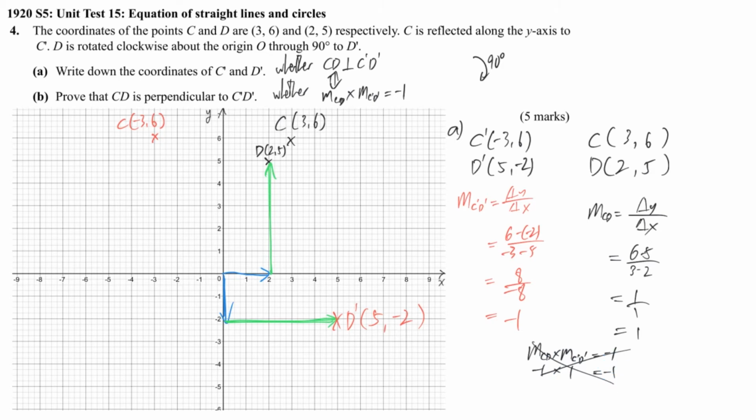It is wrong logic. You should say, consider the slope of C prime D prime times the slope of CD, which is equal to -1 times 1, which is equal to -1. Therefore, since the product is -1, you can draw the conclusion that CD is perpendicular to C prime D prime.